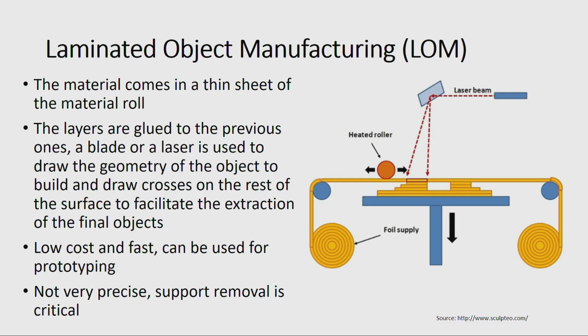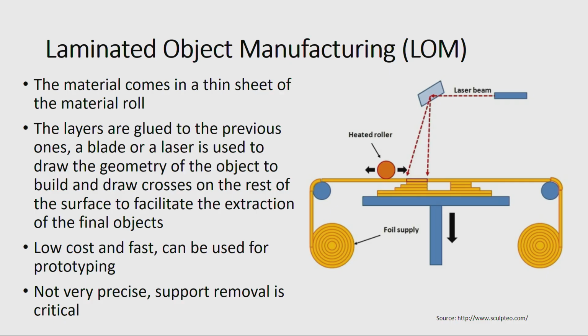In laminated object manufacturing, the multiple layers are glued together. If the material used is paper it will be glued, or it will be bonded using heat if it is a polymer.